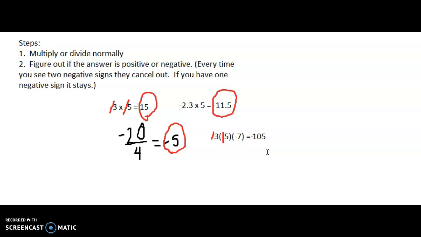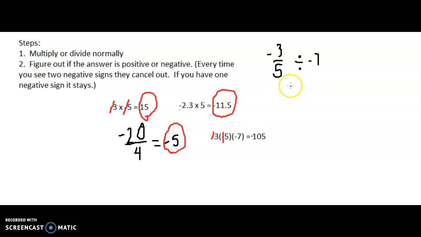Okay, let's do one more example here. So let's say I have -3/5 divided by -7.